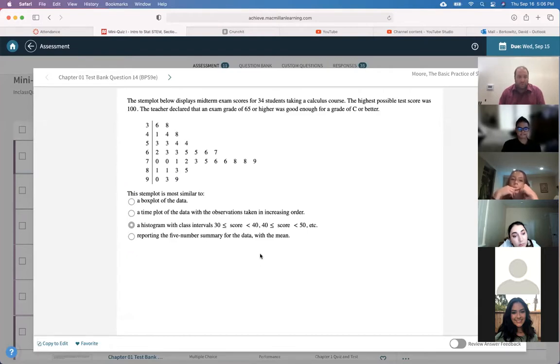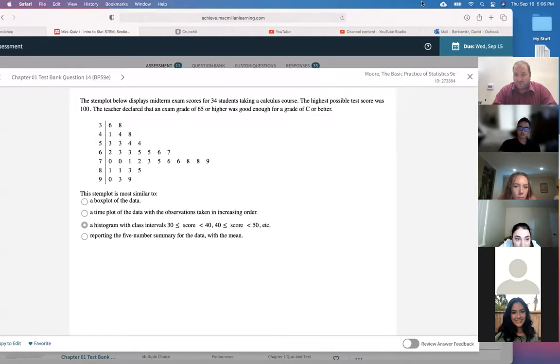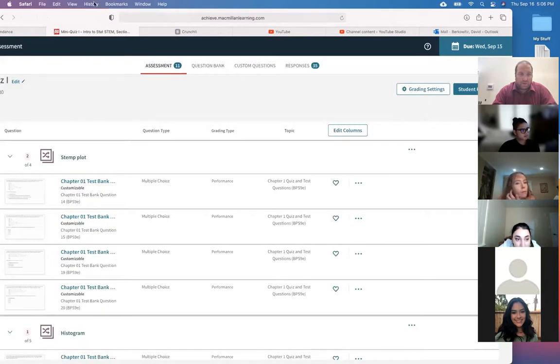Reporting the 5-number summary for the data, that's just a list of 5 numbers. But a histogram with class intervals 30 to 40, 40 to 50, and so on, that's exactly what a stem plot is, right? The first row is the 30 to 40 row. The second row, 40 to 50, and so on. That makes sense, right? That shouldn't have been a big surprise. No questions there, right? Hopefully. Yes, I need input. I need someone to say something. Otherwise I just keep going on.